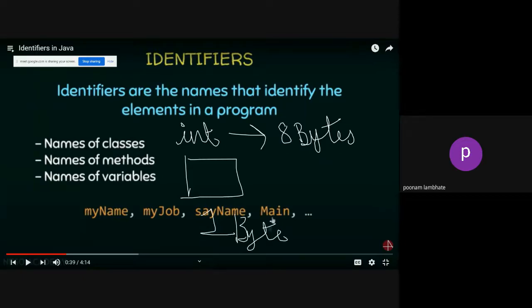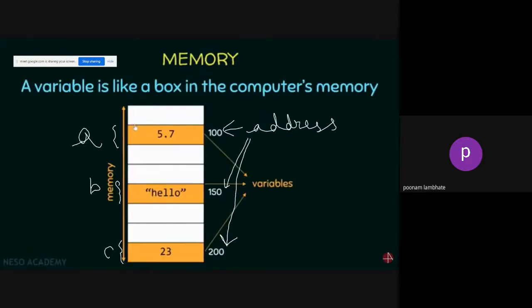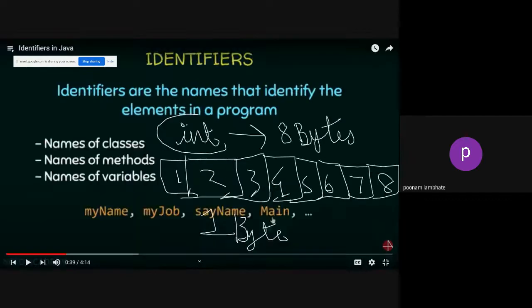So how many blocks do you need? 4 blocks. So here I have 4 blocks. For storing this int variable, just for your convenience, I showed the value inside one block only. But actually what happens, since int occupies 4 bytes, we'll have to use 4 blocks together.